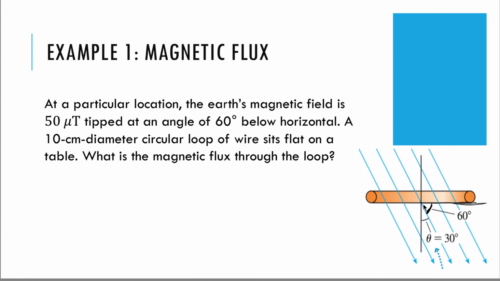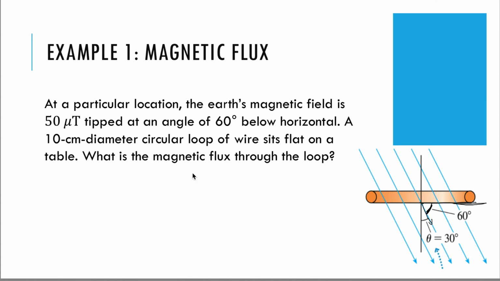So the angle with the field, you can see, is 60 degrees below that horizontal line, below the positive x-axis. If we have a 10 centimeter diameter circular loop, what is the flux through that loop?